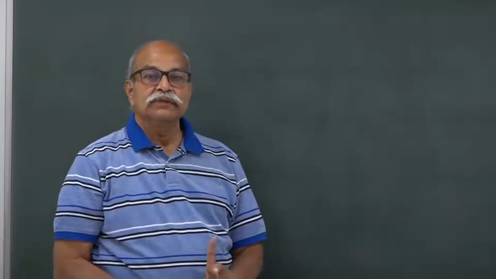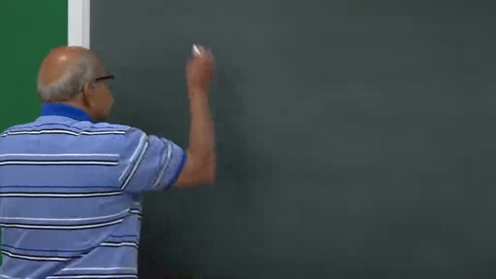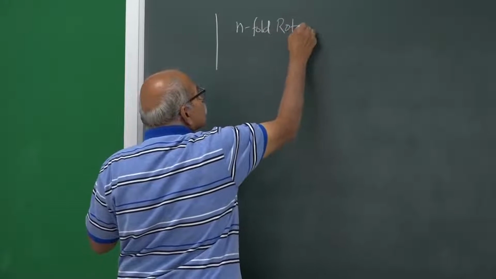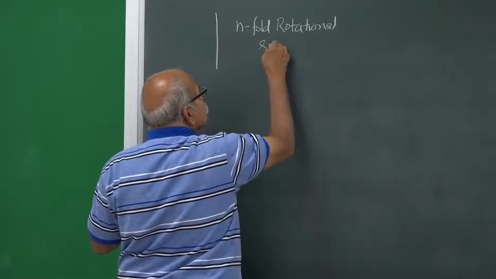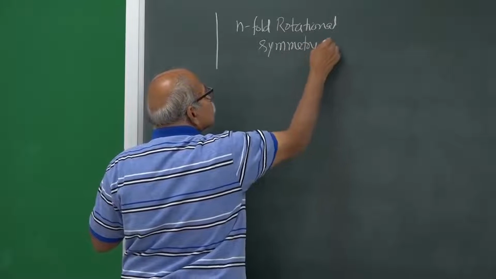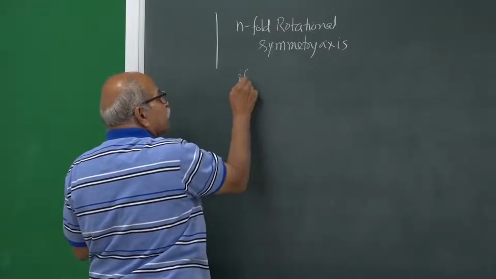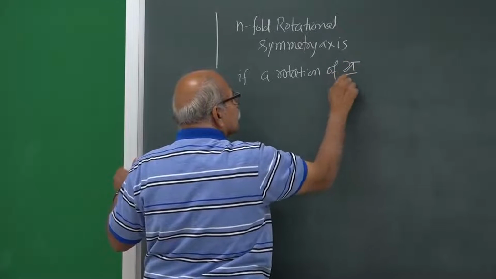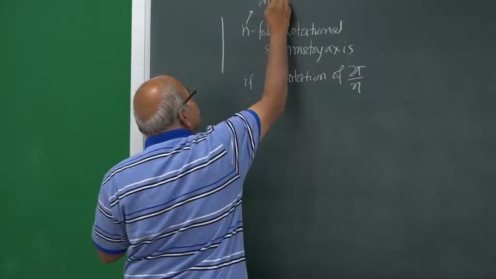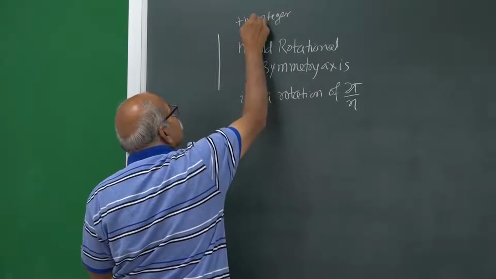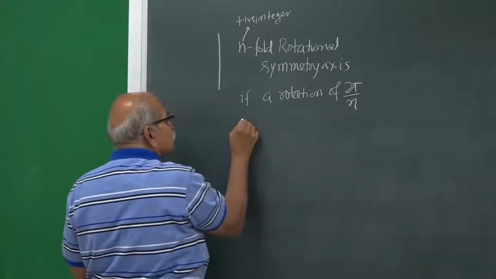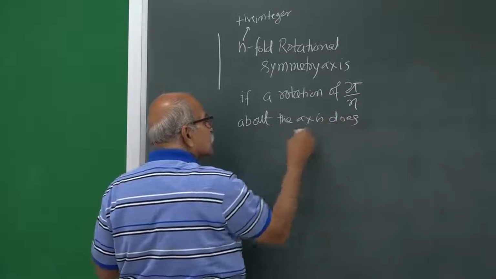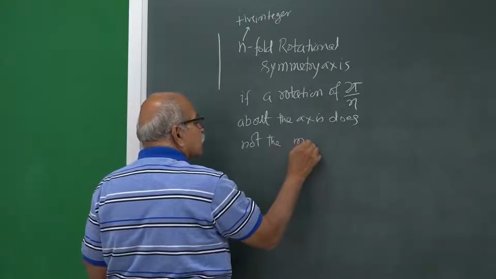One is the rotational symmetry axis. We call an axis an n-fold rotational symmetry axis if a rotation of 2 pi by n, where n is a positive integer, about the axis does not change the mass distribution of the body.